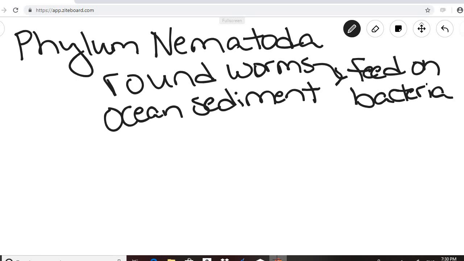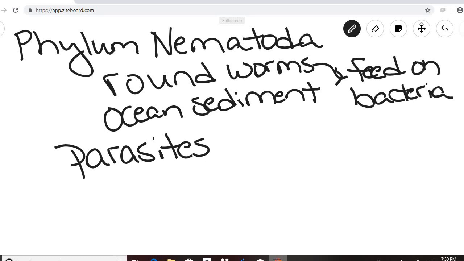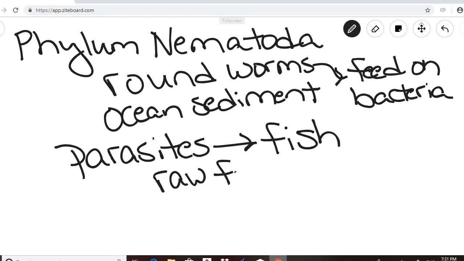However, they are also parasites, and they will live in fish. So sometimes when people consume raw fish, they will get these parasites.